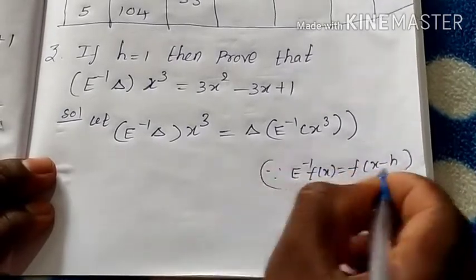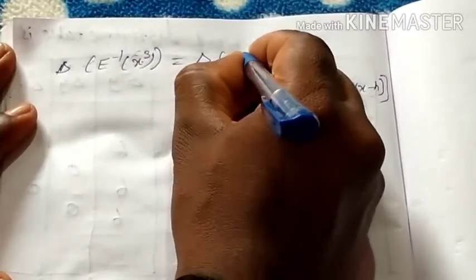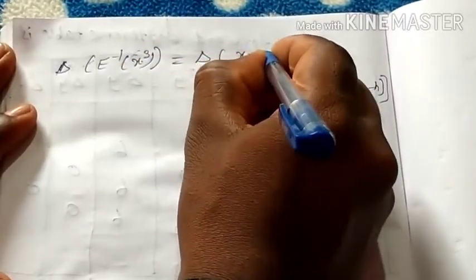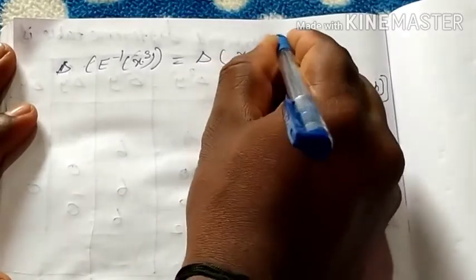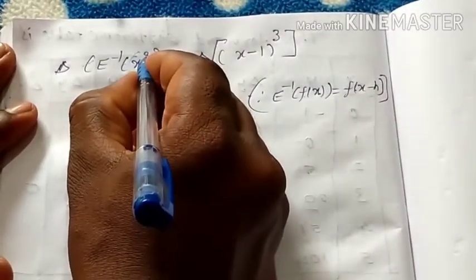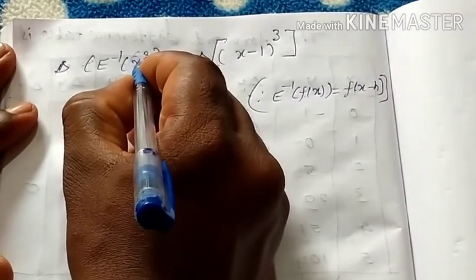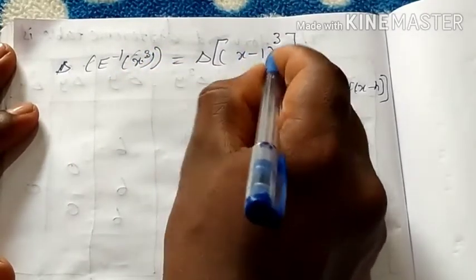This is f of x, so x minus h, h is 1, the whole cube. The x value is x cube, so x can be written as x minus h the whole cube, so it is x minus 1 the whole cube.